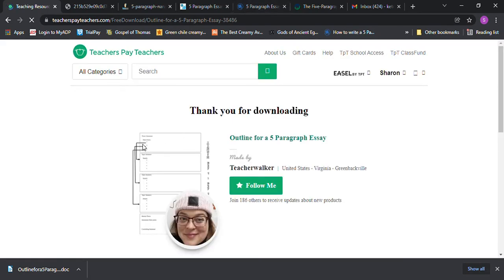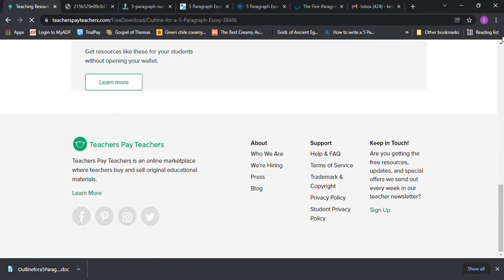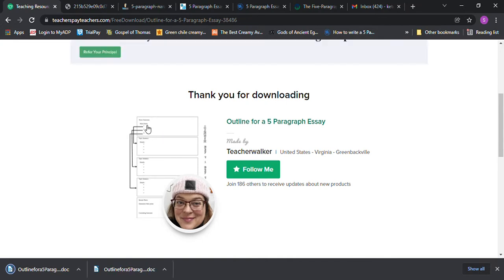I will reopen that tab for you so you can see her lines. If you want to go download that, you can see how she has drawn a line from this sentence to the first sentence in the first paragraph. The second sentence is the second paragraph's heading.